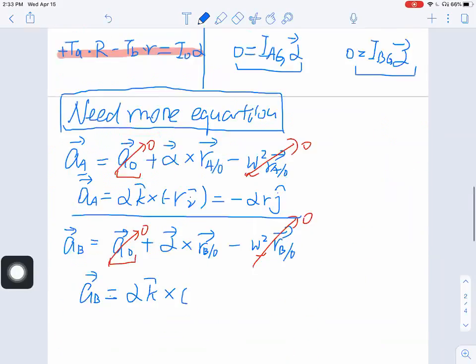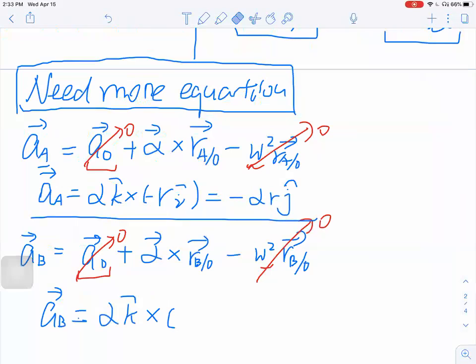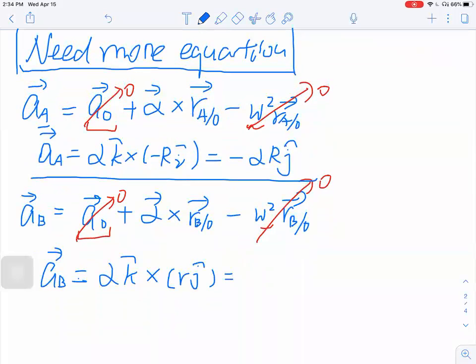So I need to change this. That's negative big R. Here we have small r, r J. And the result of the cross product is going to be negative I. Negative alpha r I.